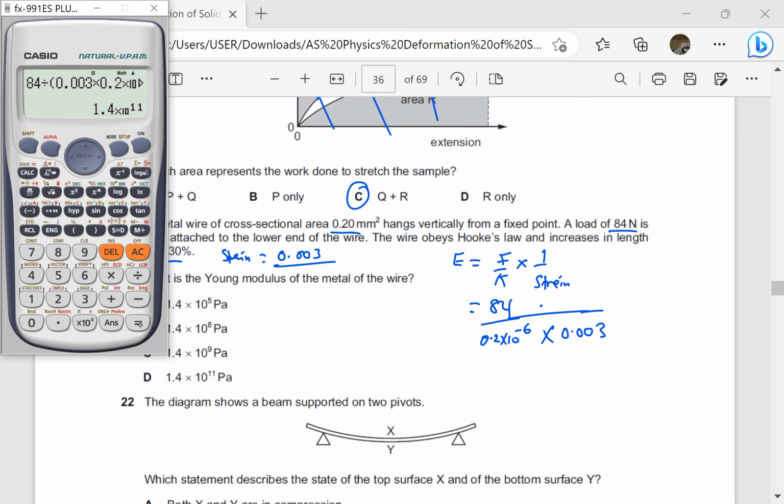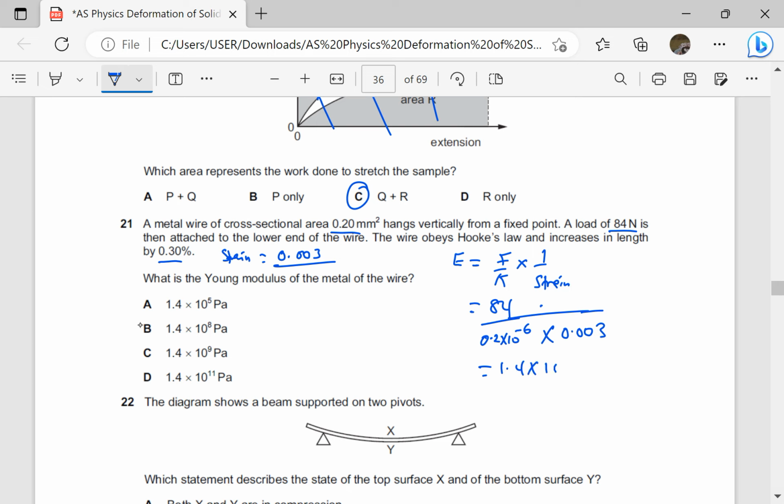So this is giving me 1.4 times 10 power 11. Note that the increase in length is like extension over original length. Then when I multiply it by 100, it is the increase in length as a percentage, which is the strain. So the answer is going to be D.